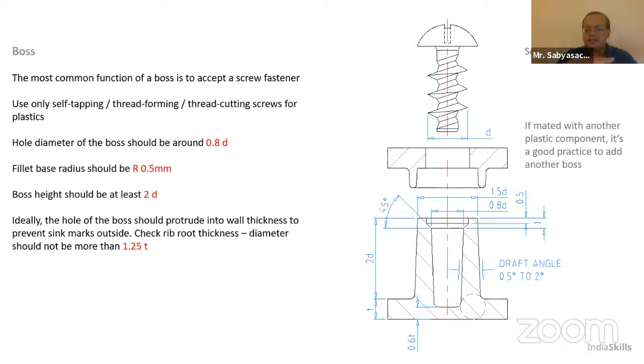So it will sit perfectly when you are cutting the screw in, and there will be no upward thrust. These are very small things, but they are very critical to understand and build. It doesn't take time once you've understood the concept and practiced doing this detail over and over again. That's very important.